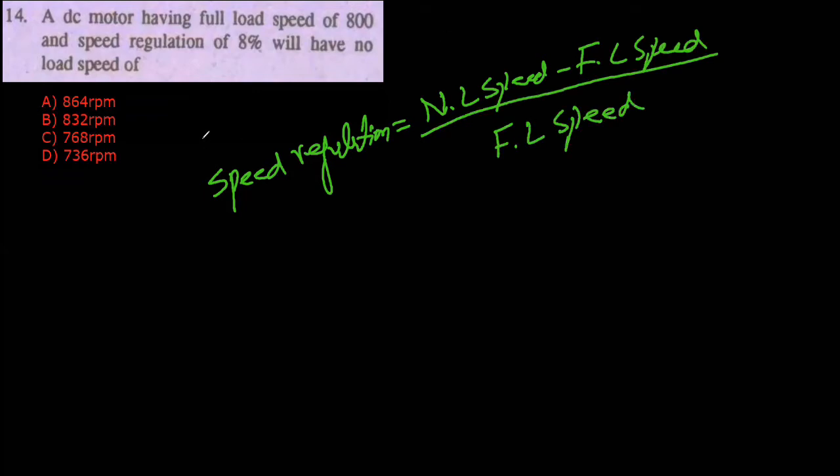So speed regulation is given to me, that is 8%, so it will be 0.08, and that is equal to no load speed, which is not given to me, so that is unknown, minus full load speed 800, divided by 800.